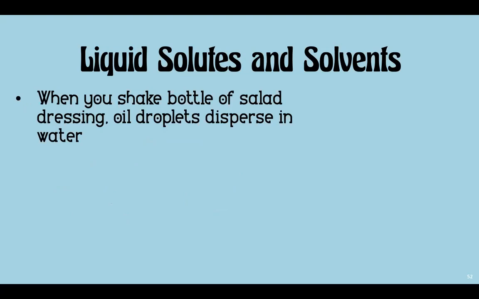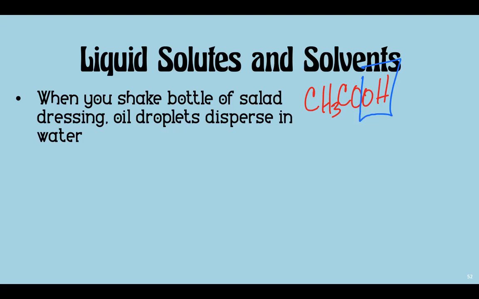Now, if you have liquid solutes and liquid solvents, an example is a bottle of Italian dressing, which is usually made with vinegar and oil. Vinegar, again, is acetic acid, which has the formula CH3COOH. This right here makes one end of the vinegar slightly polar.